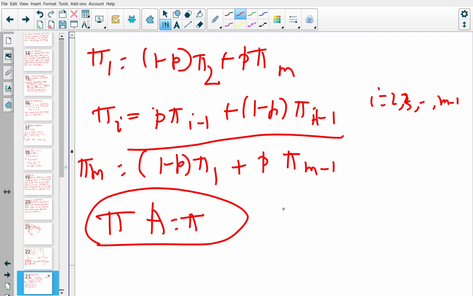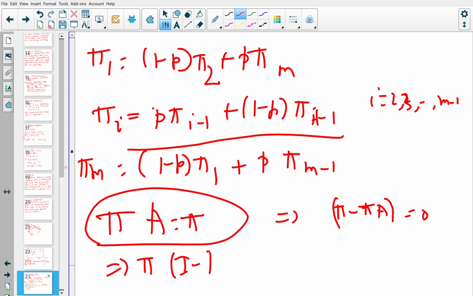This means you can write pi minus pi A equals 0, and then pi times (I minus A) equals 0. So pi is the eigenvector corresponding to this matrix A.